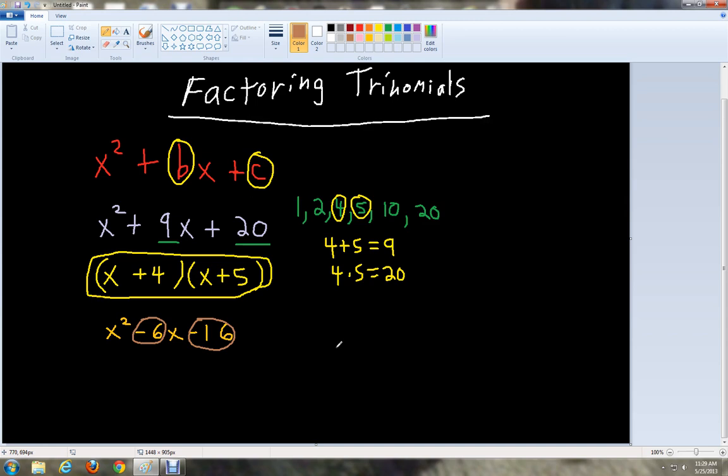So we could list out our factors. So we'd have 1, 2, 4, 8, and 16. And then of course we have to include the negatives as well, because negative times positive is negative. Negative 1, negative 2, negative 4, negative 8, negative 16.